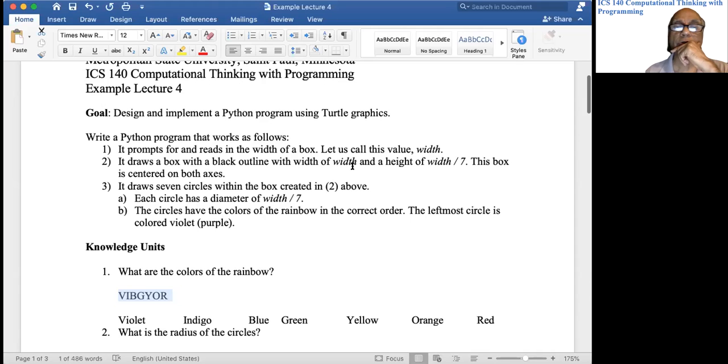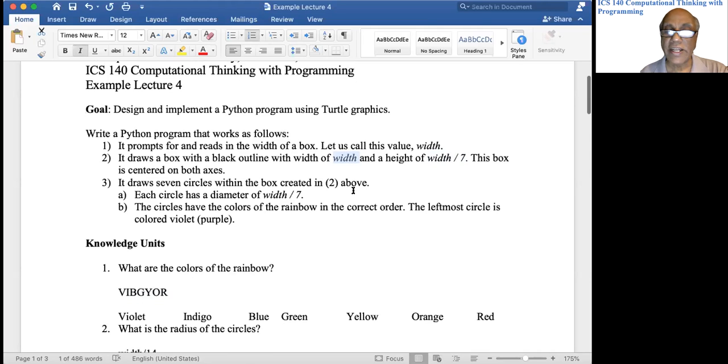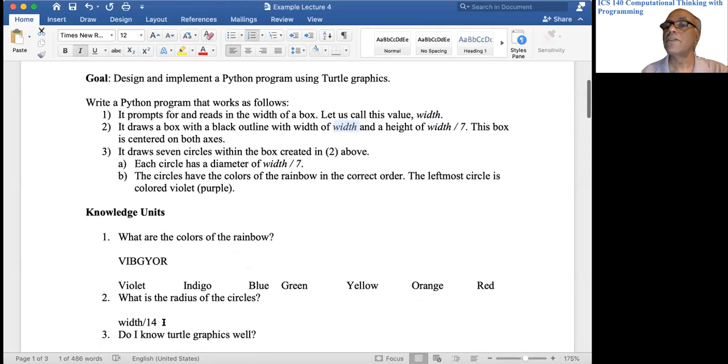The clue is here, but I can also get it from here. If the 7 circles have to fit in a certain width, the diameter has to be width divided by 7. So the radius has to be width divided by 14, right?